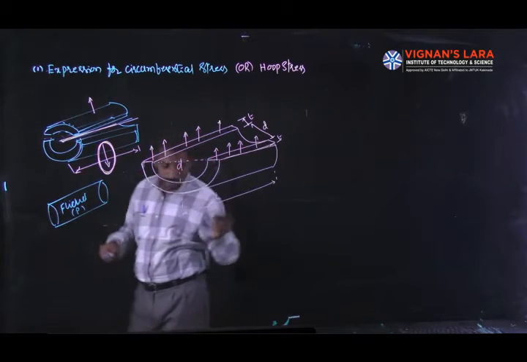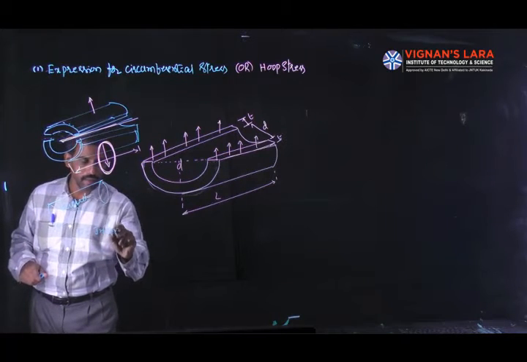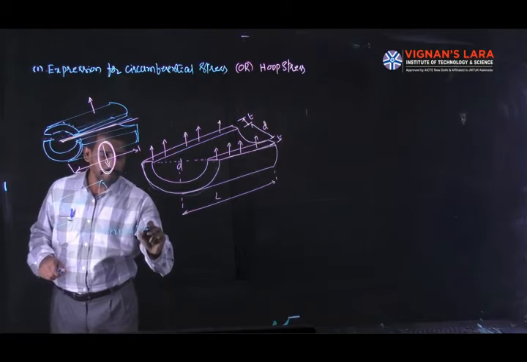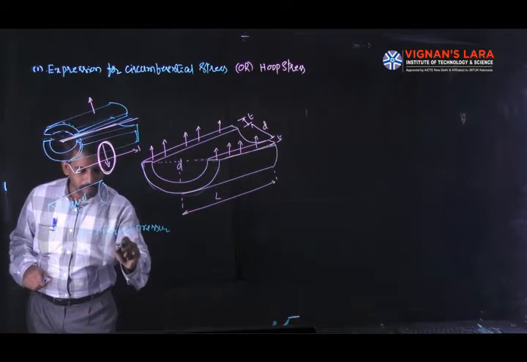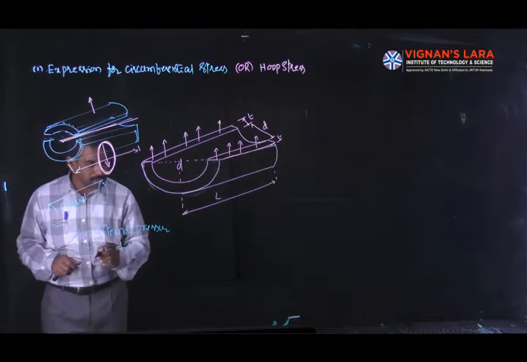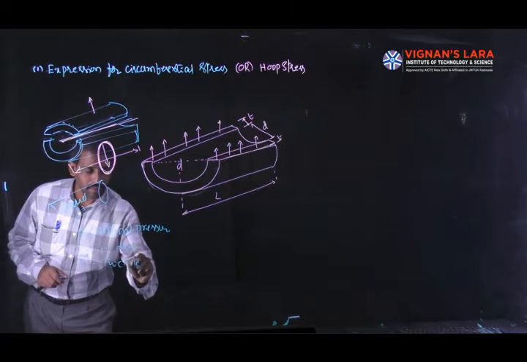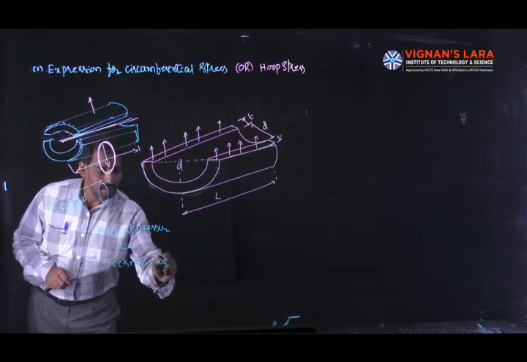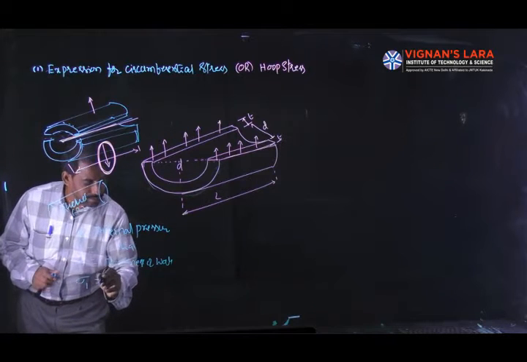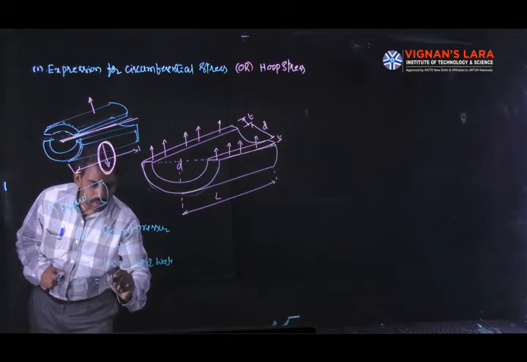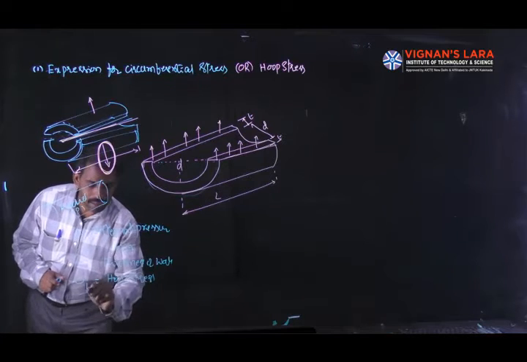Let P be the internal pressure, D the internal diameter, and t the thickness of the wall, and let us assume sigma is the circumferential stress or hoop stress.